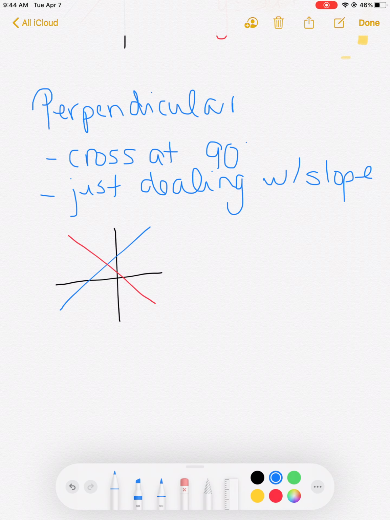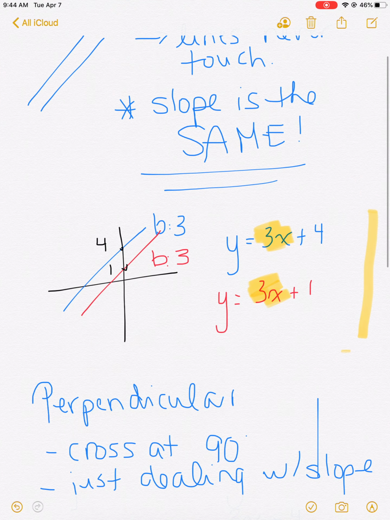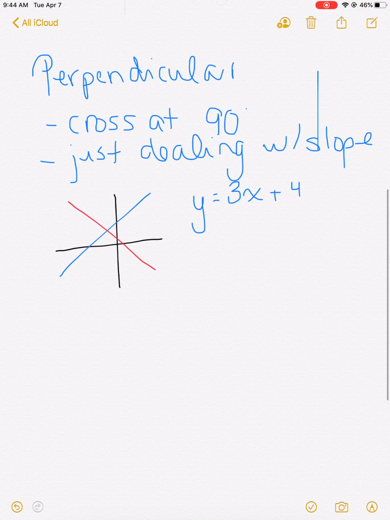So, what does that mean? For example, let's say this line here is the same line as before. So y is equal to 3x plus 4. Okay, because that's what we had earlier, right?